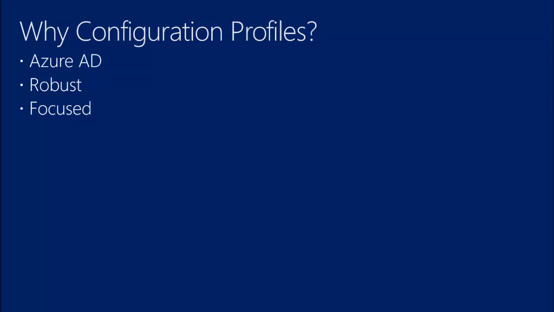And then it's focused. What I mean by that is these configurations will be configured, if you will, by platform, and then once you decide the platform, by configuration. Let me give you one example, which I'll mention again probably a little bit. People have asked sometimes, hey, I want to create a setting, maybe a certificate deployment setting, that I want to go to all of my devices, Windows, iOS, Android, all of them.